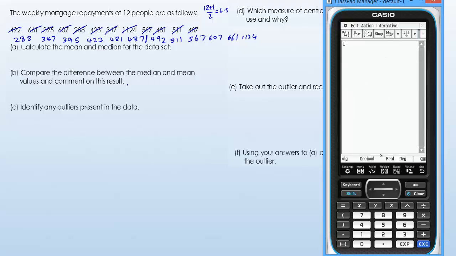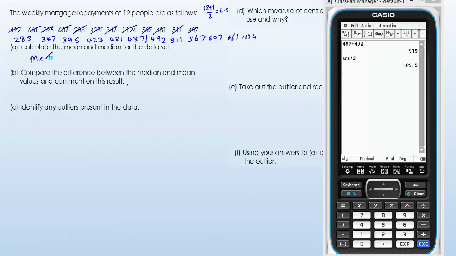We need to do 487 add 492, and then we can just divide that result by 2, and it's 489.5. So the median is 489.5.